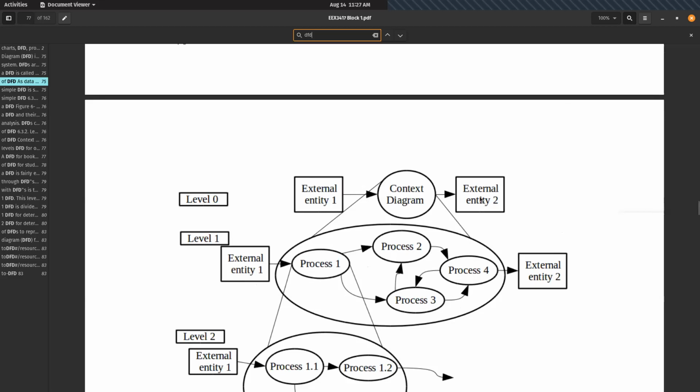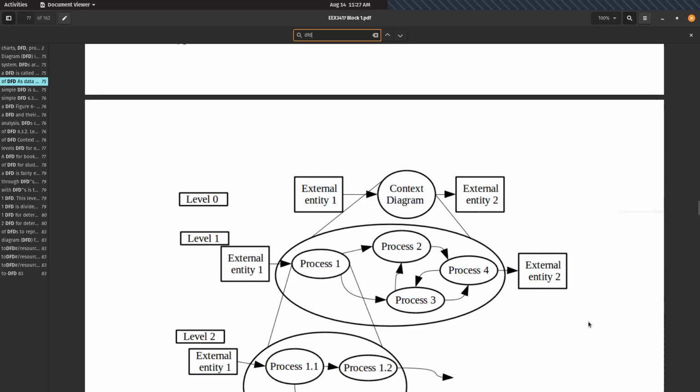But actually, when you draw data flow diagrams and also other diagrams, it may change. But theoretically, it should be one external entity and external entity 2, and from that, only these processes go.